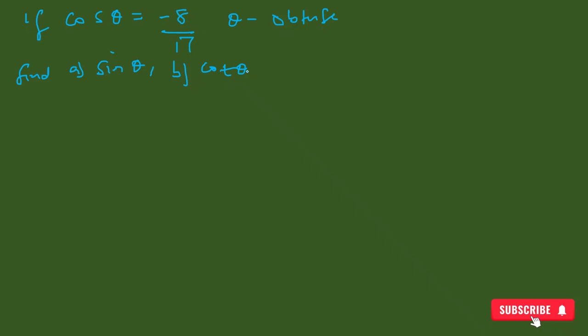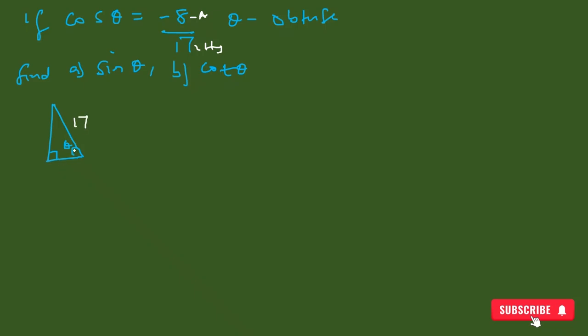Okay, let's proceed. The first thing is to identify what is given. If I draw my right angle triangle as this, and my theta is here, this is right angled. What is given? From cos, we know we have the adjacent and then the hypotenuse. So if this is the hypotenuse, it means we have 17 given.